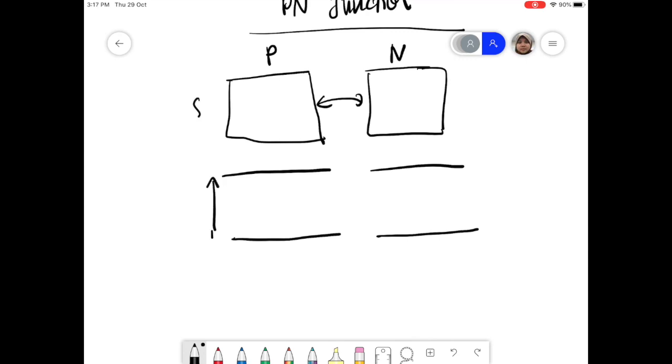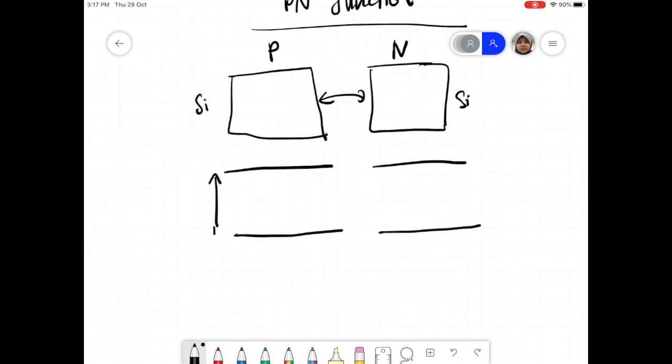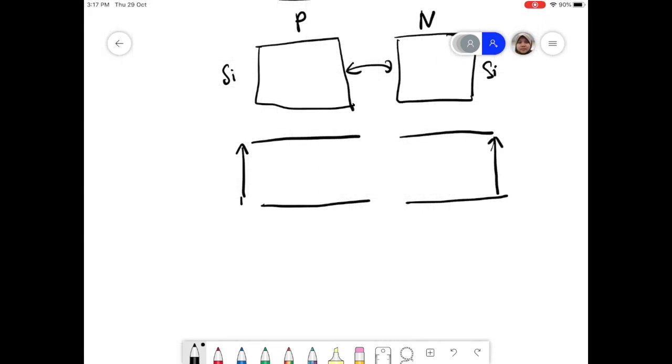Let's assume both are silicon but doped P and N. So the energy band gap is the same, 1.1 eV, with the conduction band and the valence band. The Fermi level for the P is close to the valence band, and the Fermi level for the N is close to the conduction band. We discussed why it is like this before.